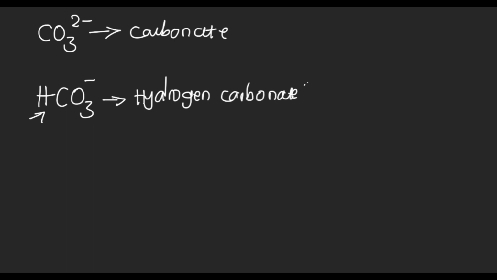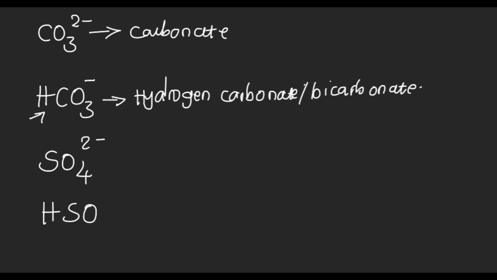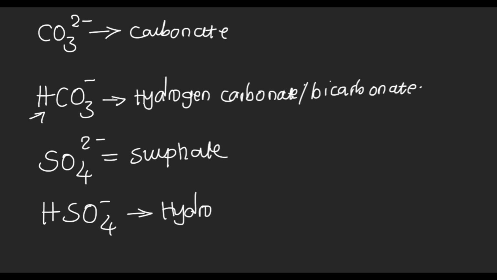Sometimes you may call it bicarbonate. Similarly, let's say this is our sulfate. Now if there is hydrogen, the first one will be sulfate, then this one will be called hydrogen sulfate.